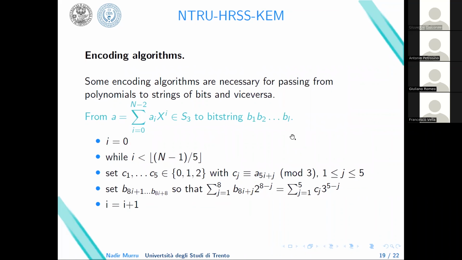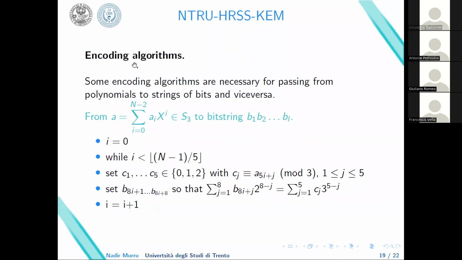Okay. In this version of NTRU, as I have said, there are also some algorithms for performing both the encoding and the sampling of polynomials.